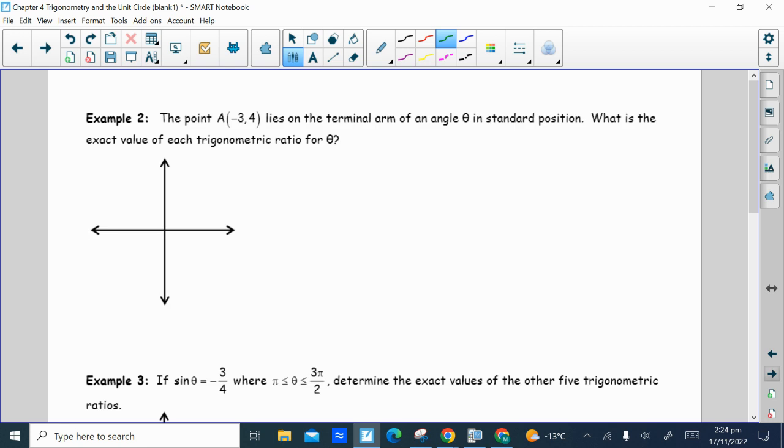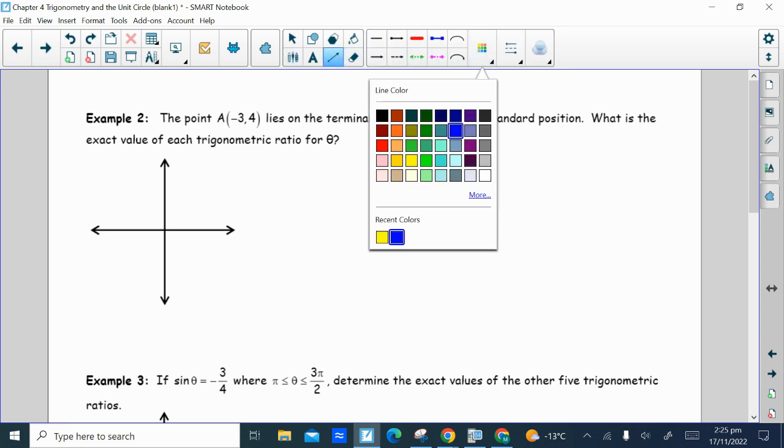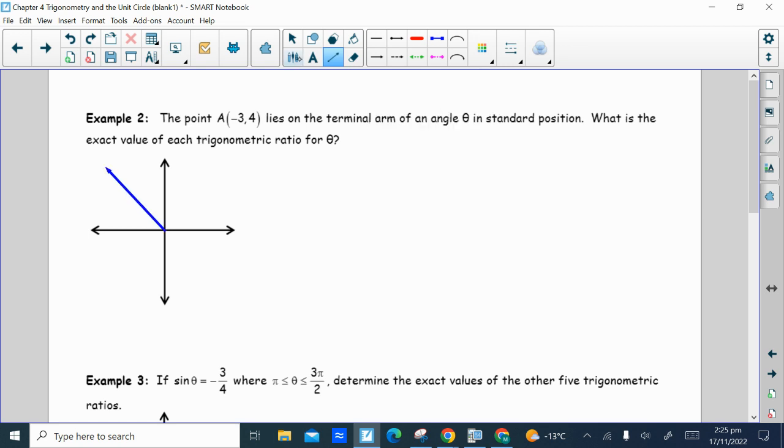Example 2, the point A with coordinates negative 3, 4 lies in the terminal arm of an angle theta in standard position. What is the value of each trig ratio for theta? So this really isn't much different, but we're in a different quadrant because although x is negative here, y is positive.